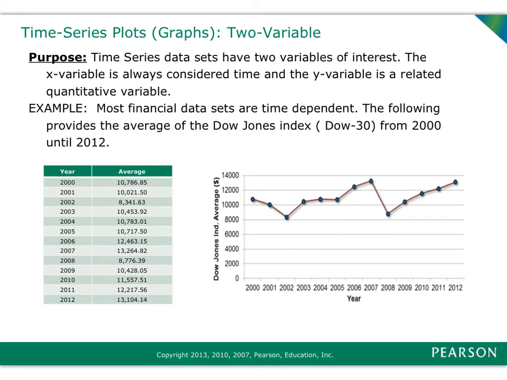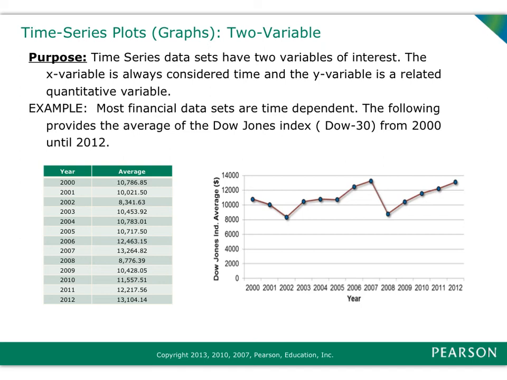Our final graph that you should be aware of is a time series plot, which is again not presented in this chapter, but it looks at 2 quantitative variables on an XY axis, where here the x-axis is the year in which the Dow Jones Industrial Average is being measured, and the average Dow Jones Industrial Average is on the Y variable.